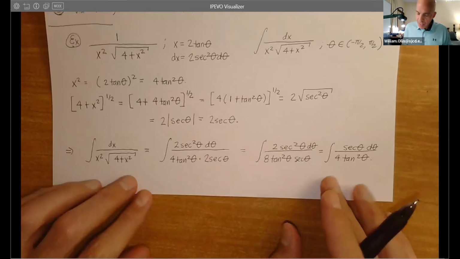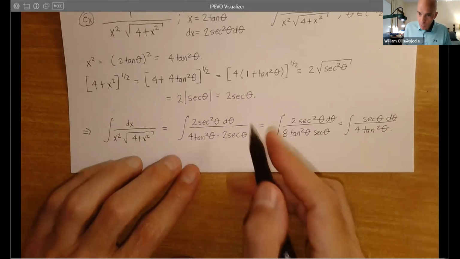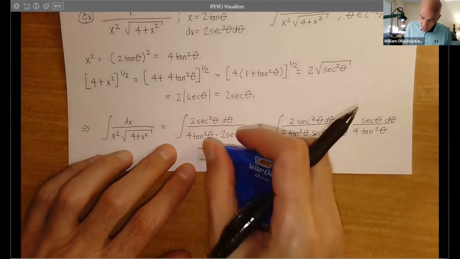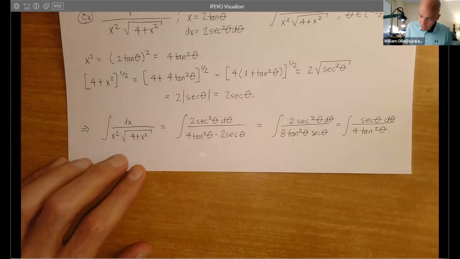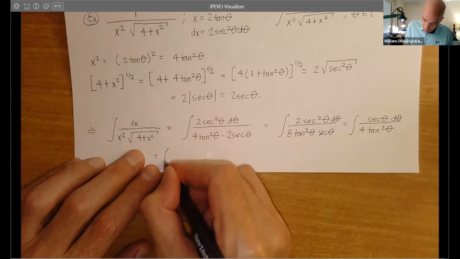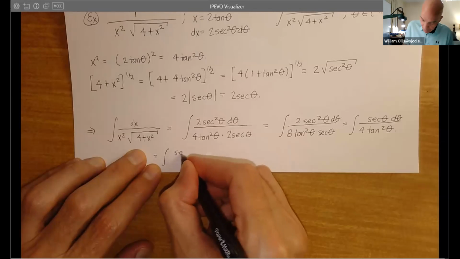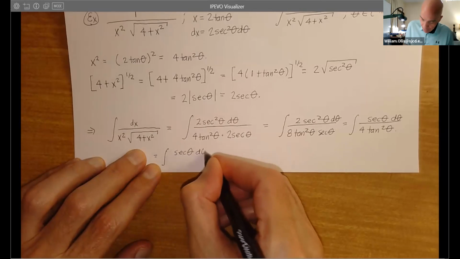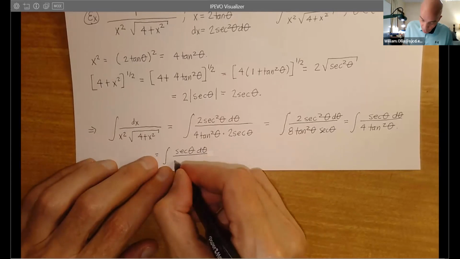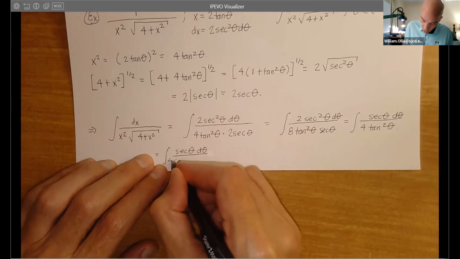So this is, well, we can go one more step. Well, let's just do it. I'm not doing any calculus. I'm just doing algebra, which you know how to do. So this will be secant theta d theta. Tangent squared is just what? Secant squared minus 1. We've got a 4 there.